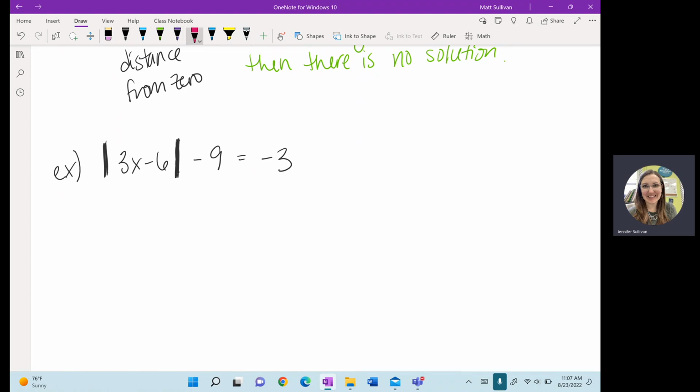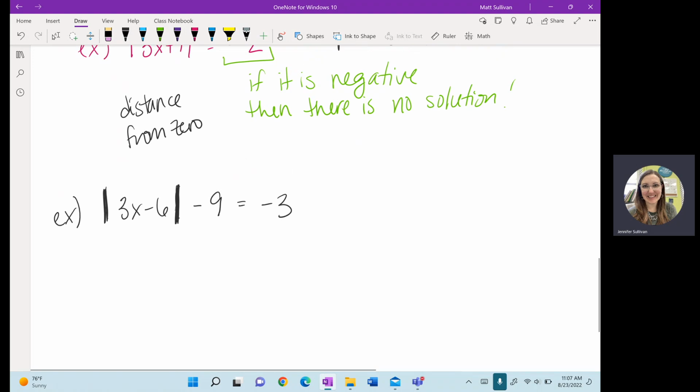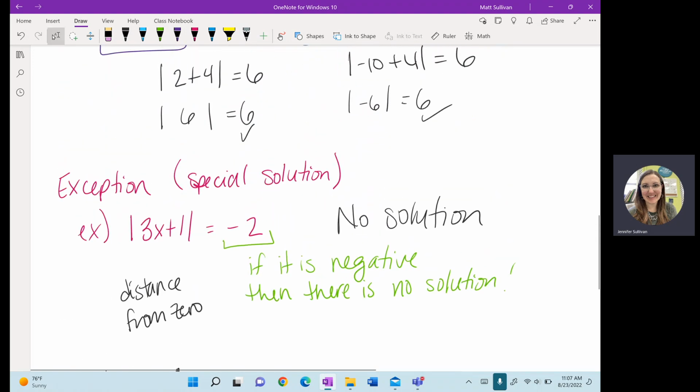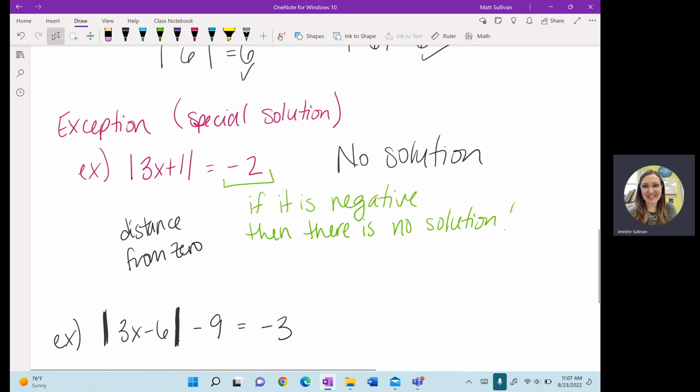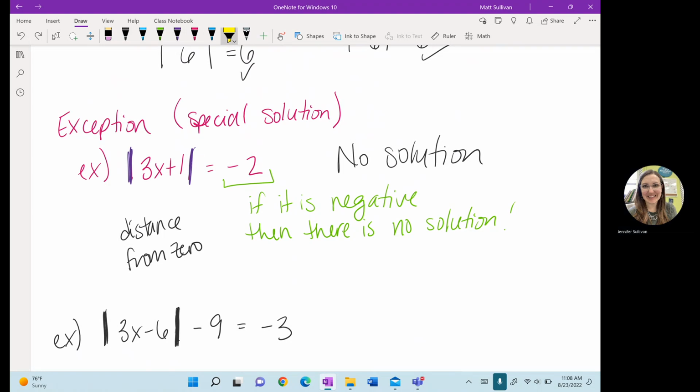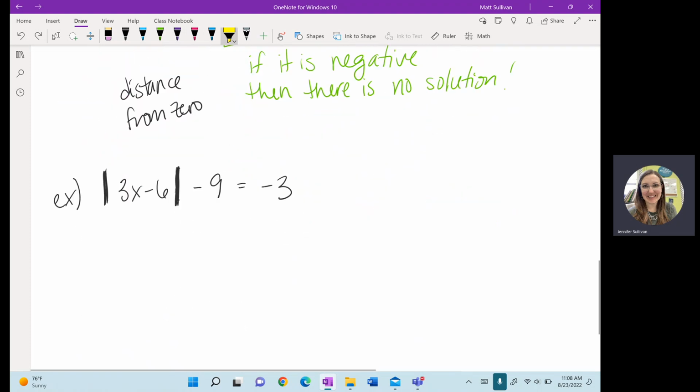And the reason has to do with this -9 on the outside. See, a no solution happens when my absolute value is all by itself on the other side of the equal sign. There's nothing else happening in front of it or behind it. That's when I have a negative number and it gives me a no solution.